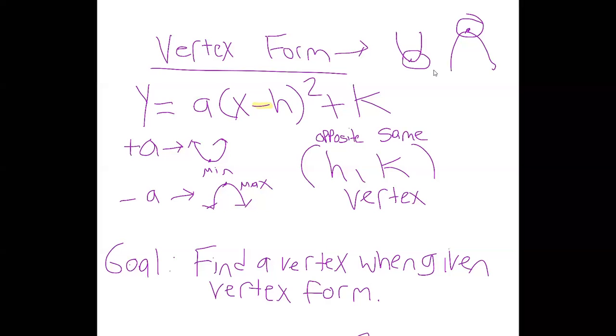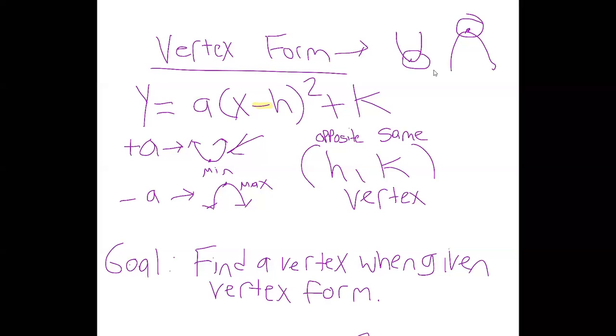If you have a positive value in front of your parentheses, your parabola is going to open up and you're going to have a minimum. And if you have a negative a value in front, your parabola is going to reflect or flip and your vertex would be a maximum. We're not super worried about our a values today since we're just focusing on getting our vertex, but just keep in mind that's what that number in front will tell you when we actually get into graphing later this week.